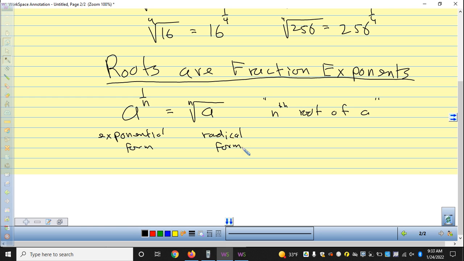Radical is another name for a root. All right, so that's our first big idea for today, is that roots are the same as exponents that are fractions.